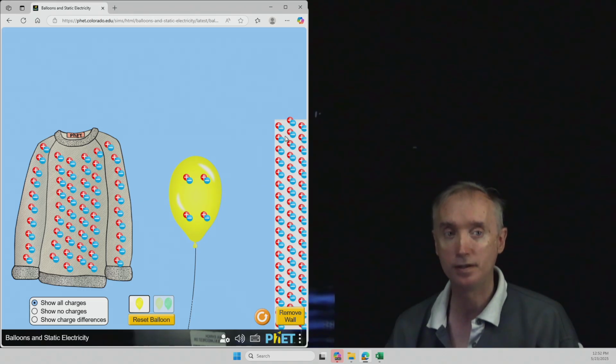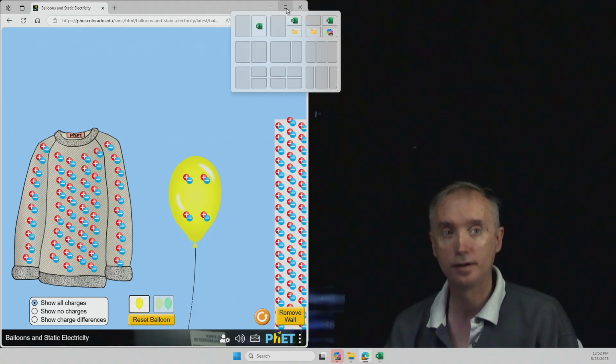And you'll notice that the electrons don't flow into this thing over here, but what they can do is congregate on the surface of it. And then what that's going to do is change what we call the polarity of the atoms that are in the wall. So it can cause them to be separated. All right, so that is that simulation.